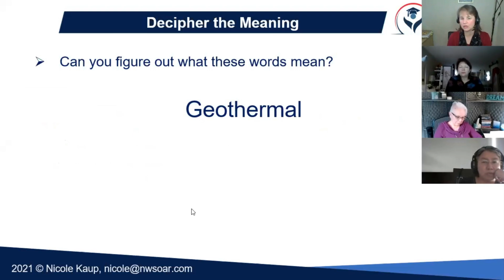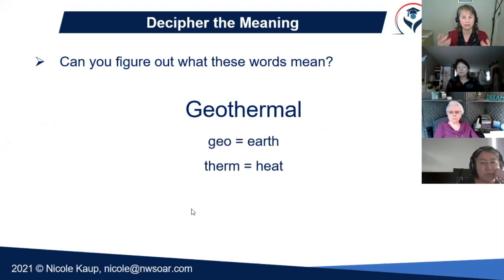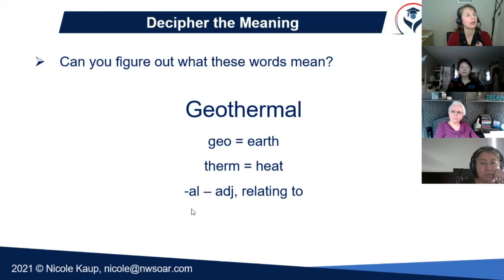So geo is referring to the earth, therm is referring to heat. So it's something to do with heat coming from the earth. And al is related to, meaning it's an adjective. So geothermal, when I think of geothermal, I'm thinking of places on earth where hot water comes out of the earth naturally, where there's hot springs and hot pools.